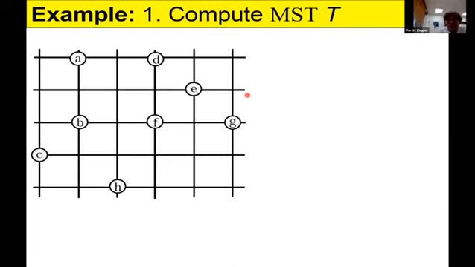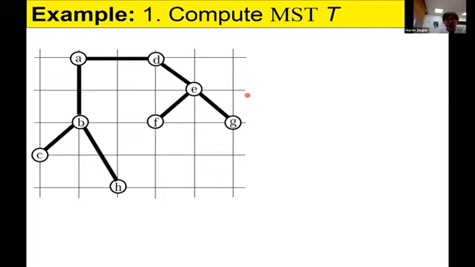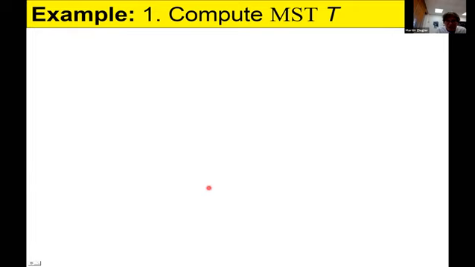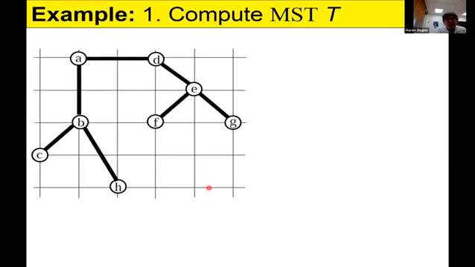So let's discuss some examples of this algorithm. Suppose we have this configuration of nodes, and this is the minimum spanning tree produced by one of the algorithms. Then the Christofides algorithm in the second phase will traverse this minimum spanning tree in depth first pre-order, right?